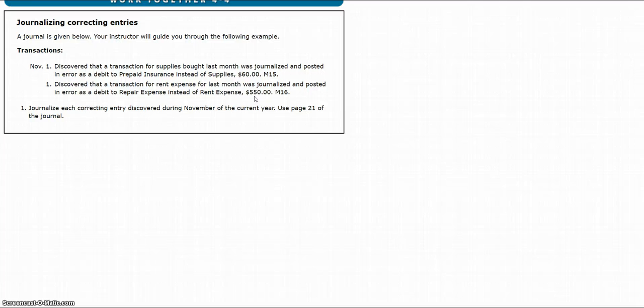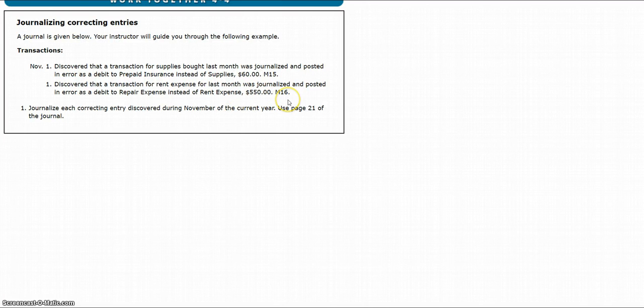So I know that to undo a debit, I have to do a credit. So I'm going to credit repair expense. Then I have to do what I should have done in the first place, which was make a debit to rent expense. So I'm going to have to do a credit to repair expense and a debit to rent expense.